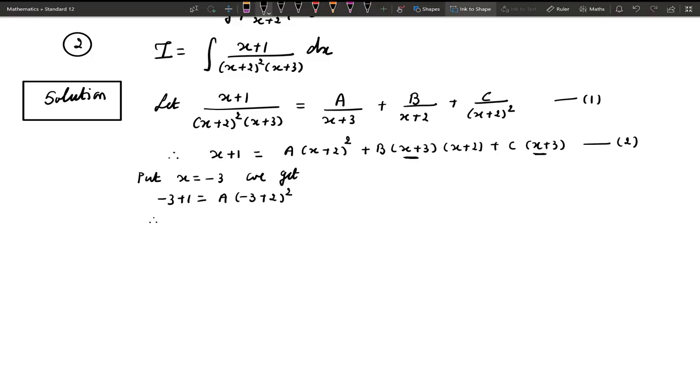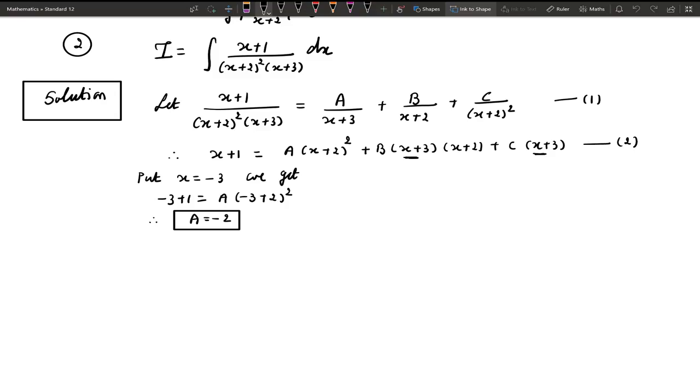So when we simplify, we will get a equal to minus 2. We have taken x equal to minus 3 because when we take x equal to minus 3, the denominator of a will be 0, and from equation 2 we will get the value for a.